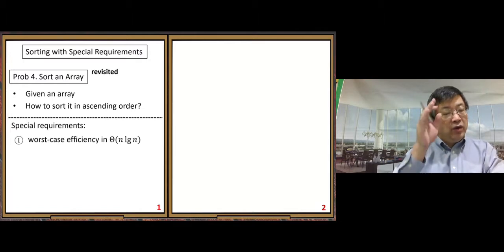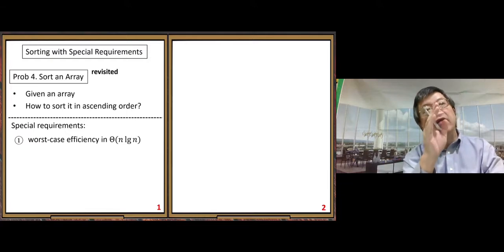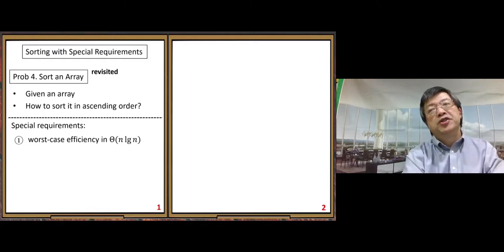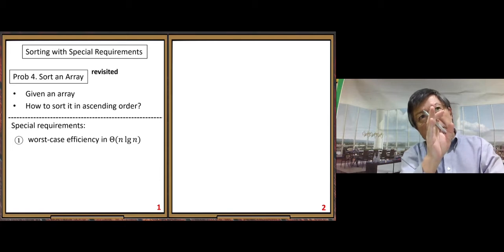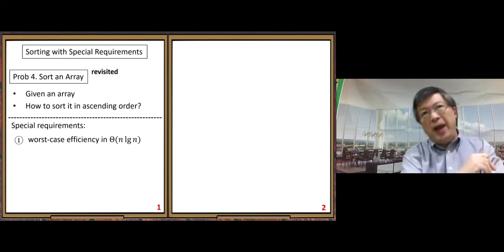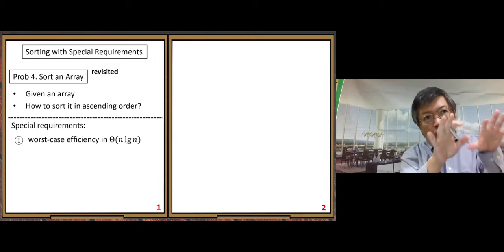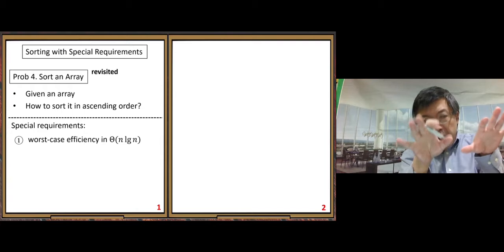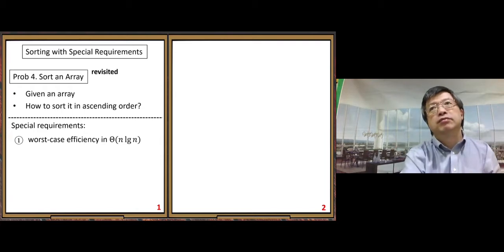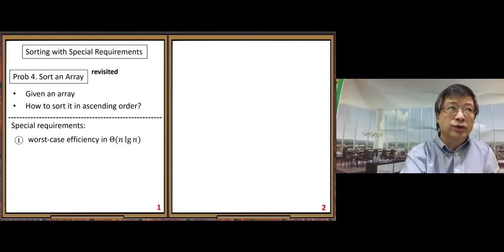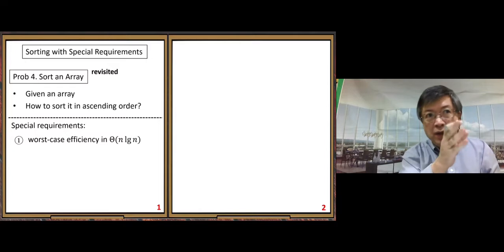First, we want some sorting algorithm with worst case efficiency big theta of n log n. That means we don't want the worst case to be too bad, too slow. We want to control our worst case, to avoid that bad bottleneck.